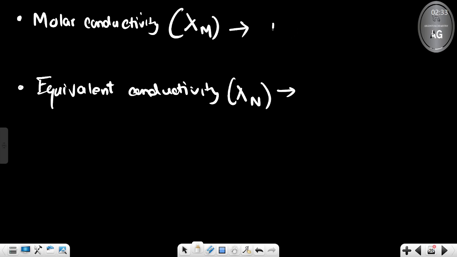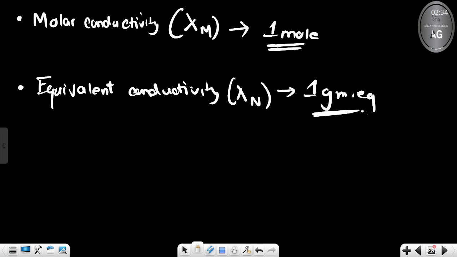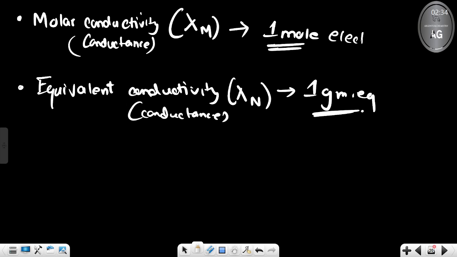So this is by 1 mole and this is by 1 gram equivalent. Just remember that molar conductivity or molar conductance or equivalent conductance, whatever is given, is the same thing: 1 mole of electrolyte here, and 1 gram equivalent of electrolyte there. The term can be replaced by conductance as well, so do not get tense about what molar conductance is. 1 mole of electrolyte furnishes how many ions, with how much conducting power? That is molar conductivity.